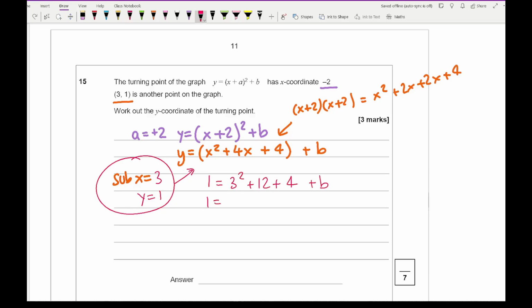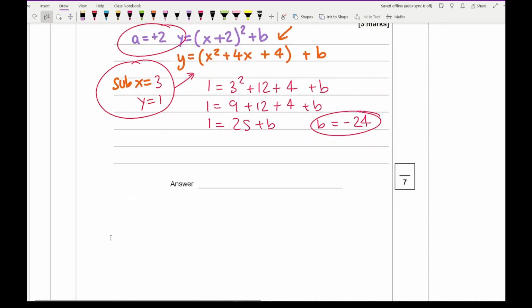Then simplifying that, I get 1 equals 9 plus 12 plus 4 plus b. Collecting all of this, I get 1 equals, and then 9 plus 12 is 21, plus 4 is 25, so b equals minus 24. And there are my two values. So the y ordinate is minus 24.